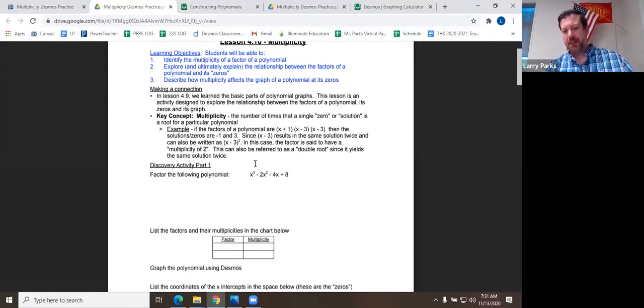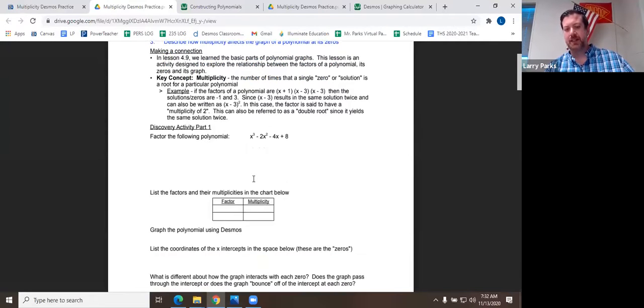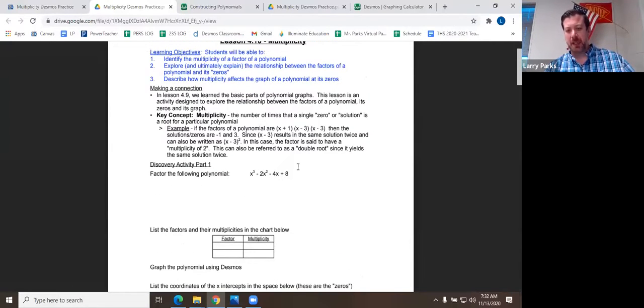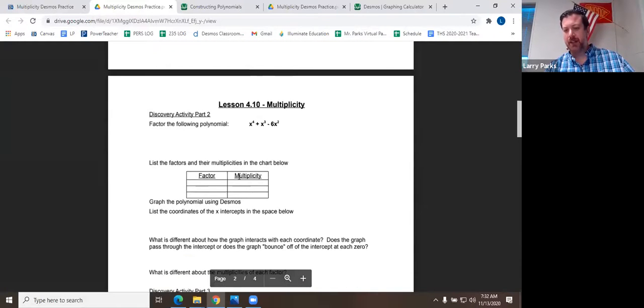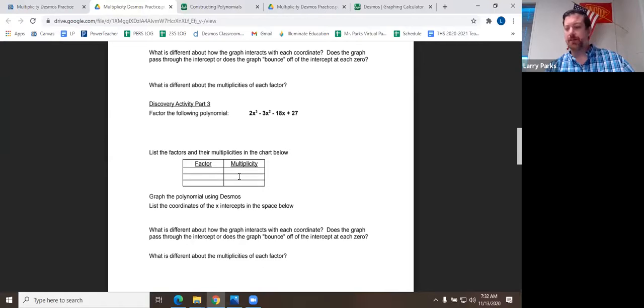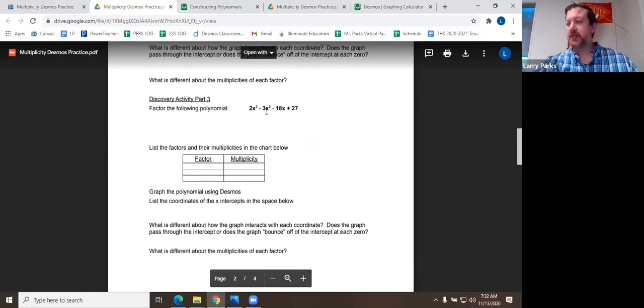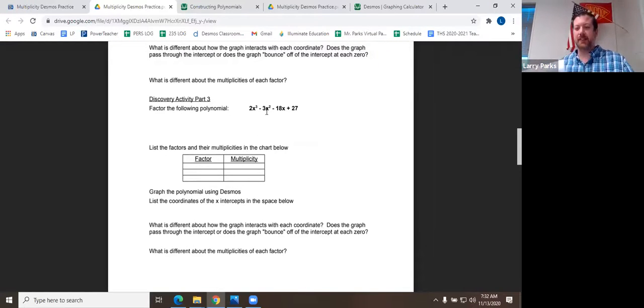And notice the first thing they ask you to do is factor. So I will show you how to factor that. I will factor this problem, and I will factor this problem for you. And I didn't even see this one until just now. I also need to factor that problem for you. Let me write that down before I forget.